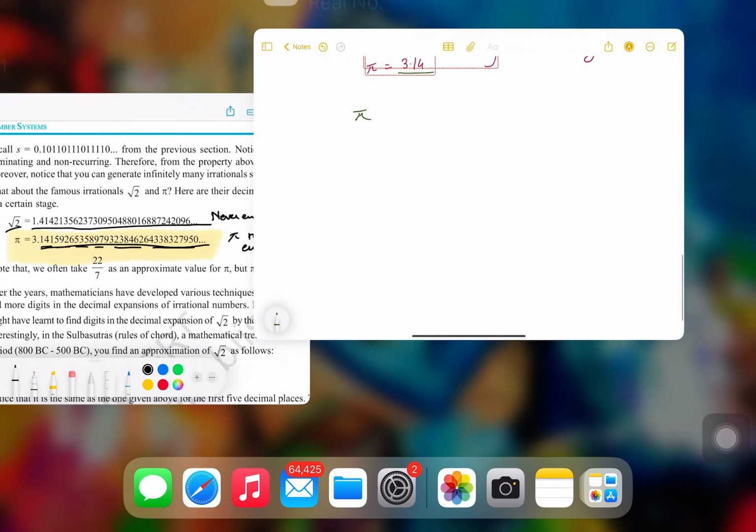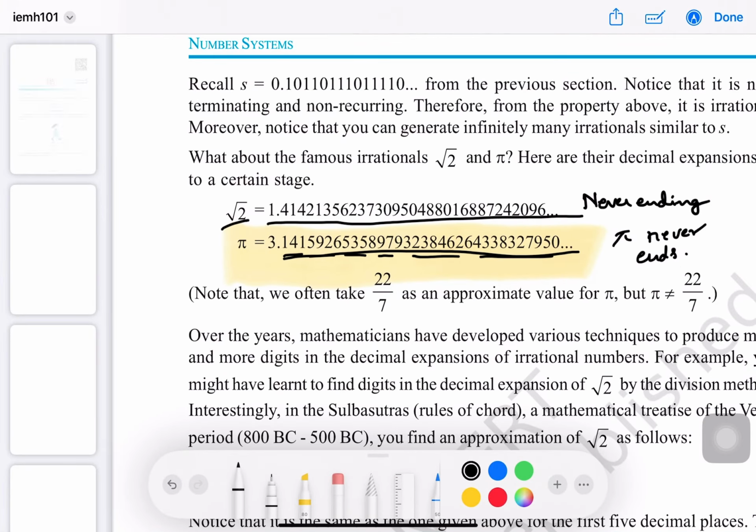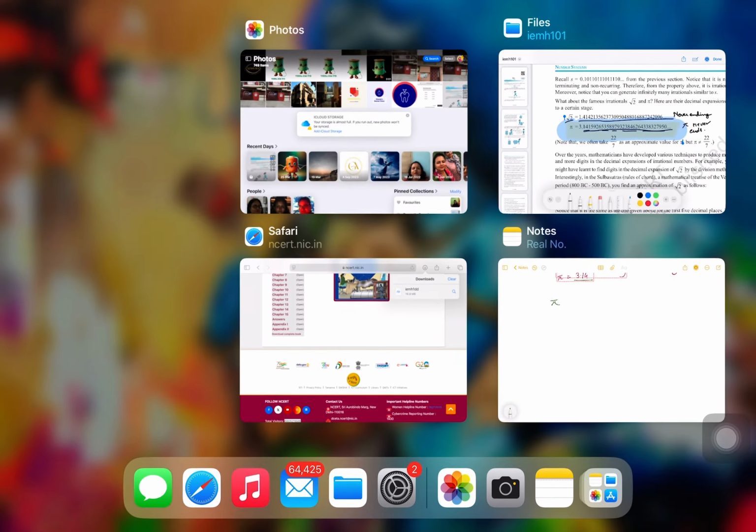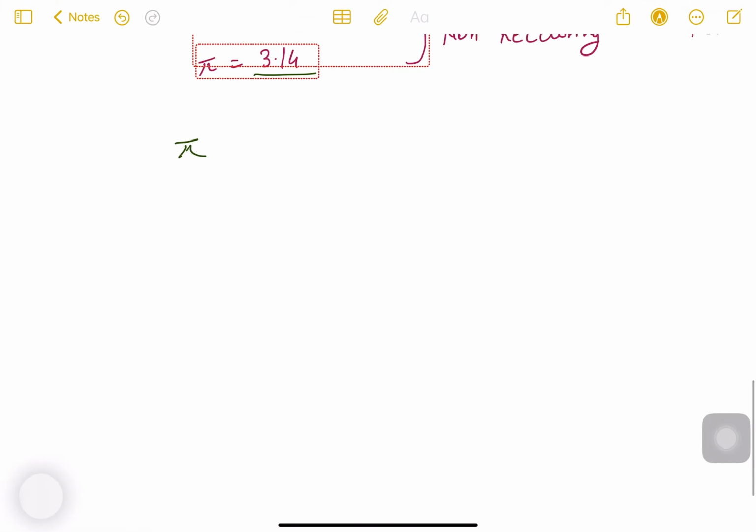Let me see if I can copy this, and I'll write it here.